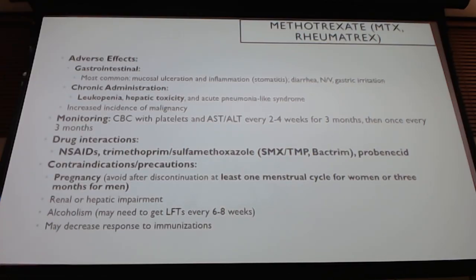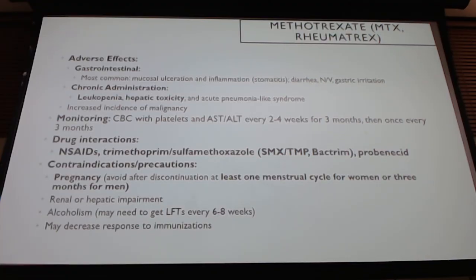And it has MTX or X in the name, methotrexate. So remember that I should not be giving this to my pregnant women, okay? So they're waiting to have at least one menstrual cycle to wash that drug out after that last dose that they took. So they need to have one cycle. And for our men, the same thing that we talked about before, the 3 months, okay? After their last dose. We see this hepatic impairment, renal impairment.